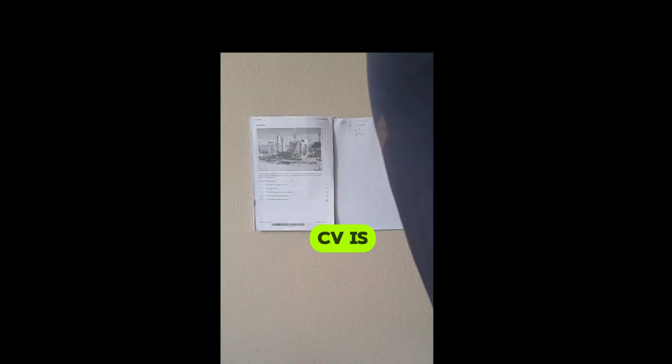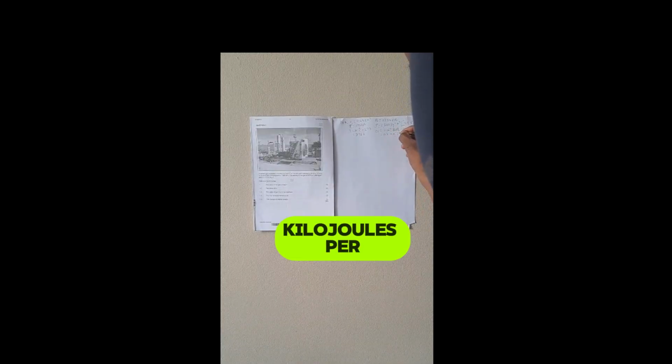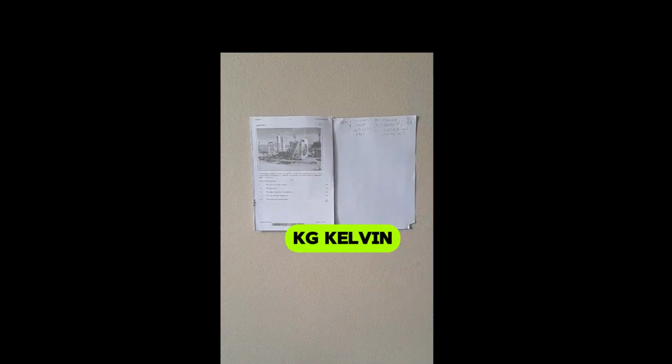And our Cv is given as 716 joules per kg Kelvin. So if we divide by 1,000, it gives us 0.716 kilojoules per kg Kelvin.